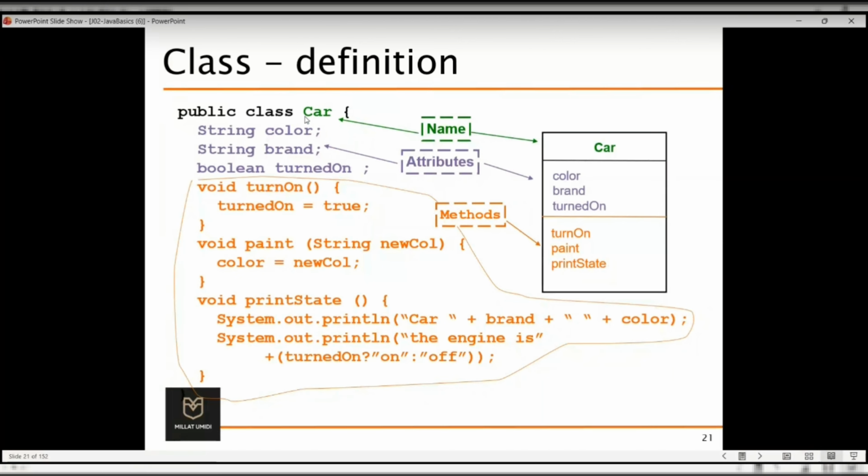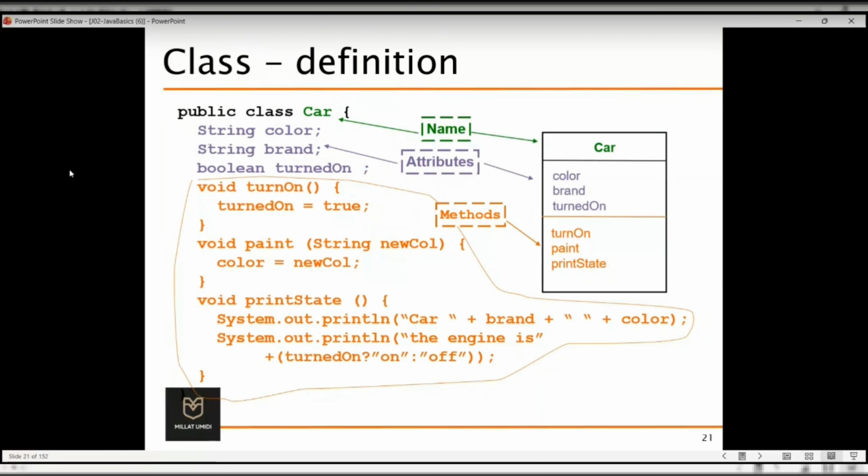There are no certain rules to name your class, but it should be readable and human friendly. And these are its attributes. What can a car have? It can have its color, brand, and a Boolean type value turned on, whether it's turned on or turned off.